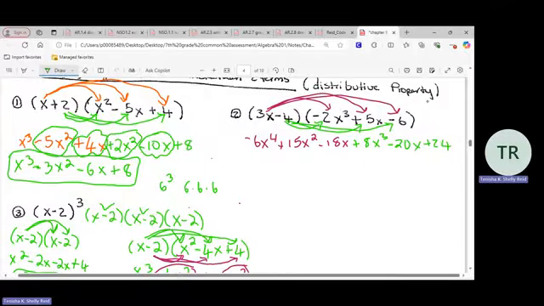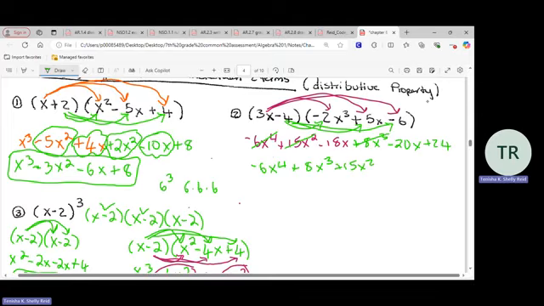My highest degree is 4, so I have negative 6x to the 4. Then I have only one x to the 3rd power, so a plus 8x to the 3rd. Then I have 1x squared. So a plus 15x squared.